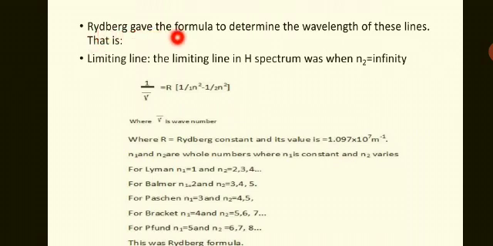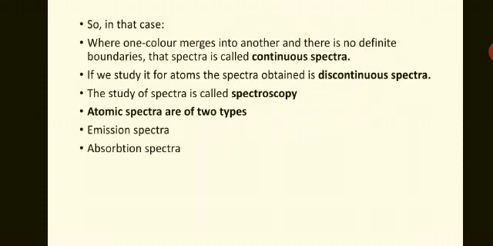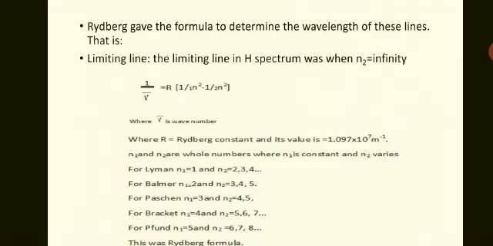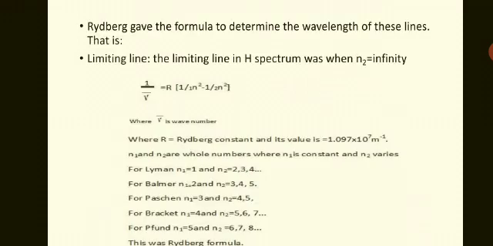Now Rydberg gave the formula for determining the wavelength of these lines. These lines which you can see in the absorption spectrum or emission spectrum, red and green, if you want to find the wavelength of these lines you can use the Rydberg formula.